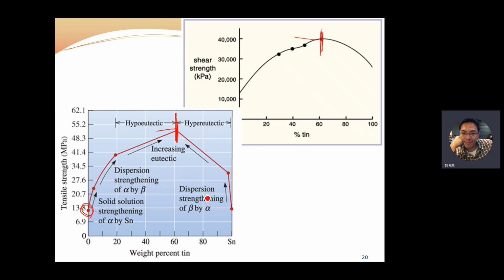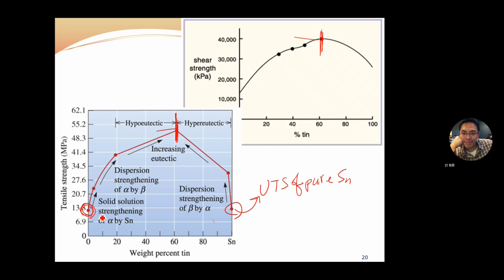This point is the UTS, ultimate tensile stress of pure tin. Okay, the same. And this point is the UTS of the pure lead metal. Okay, so this result shows that the eutectic reaction provides enhanced dispersion strengthening for the mechanical properties.